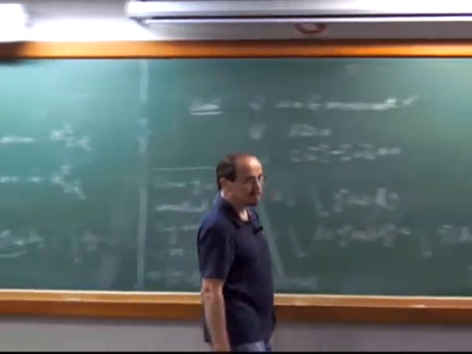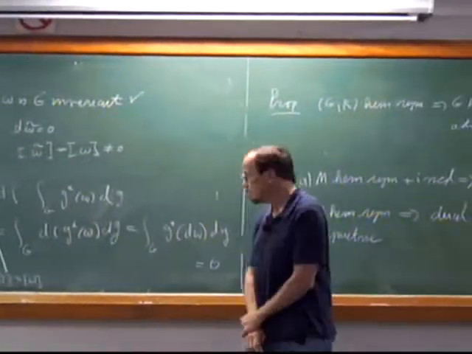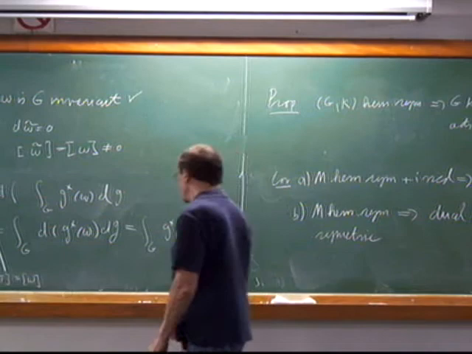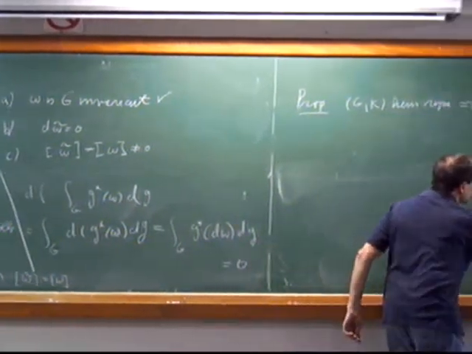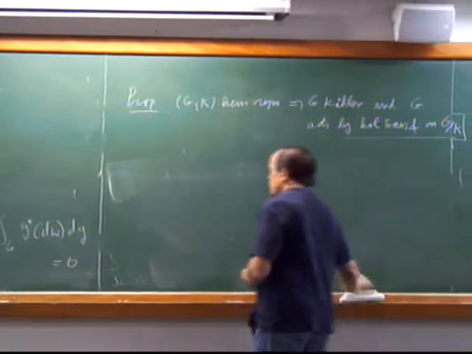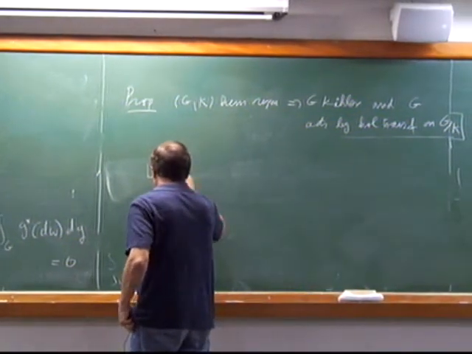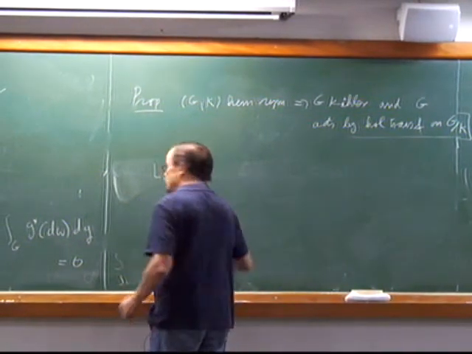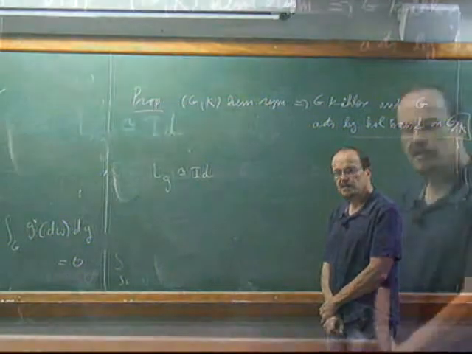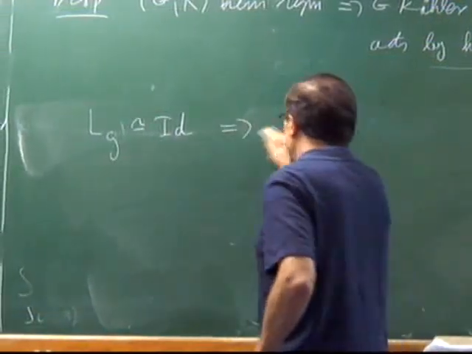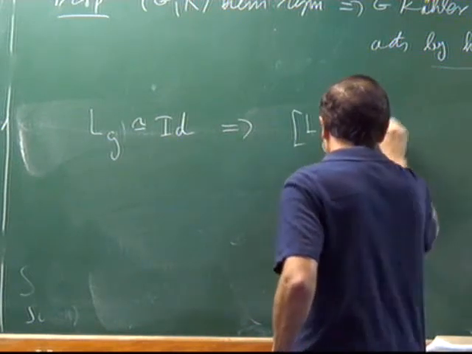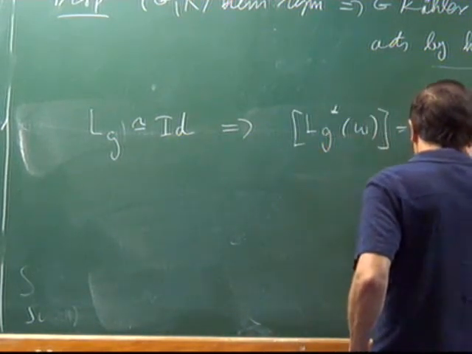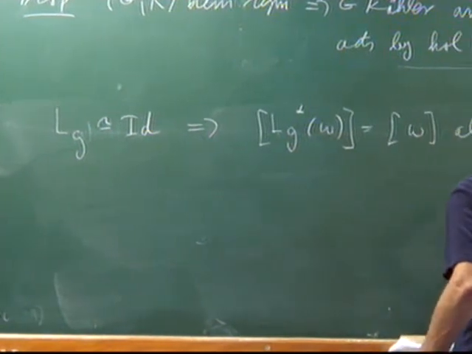How did you explain the last application there? So I knew that L_g is homotopic to the identity because G is connected. This implies that L_g star of omega has the same de Rham class as omega for all g.